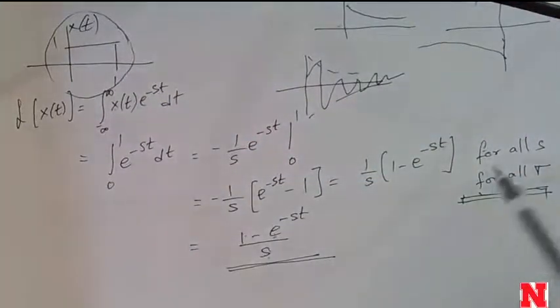Okay, and we'll come back to all of this in later modules. But the two main things: One, the Laplace transform is unique as long as you take into account the region of convergence. You have to take into account the region of convergence.